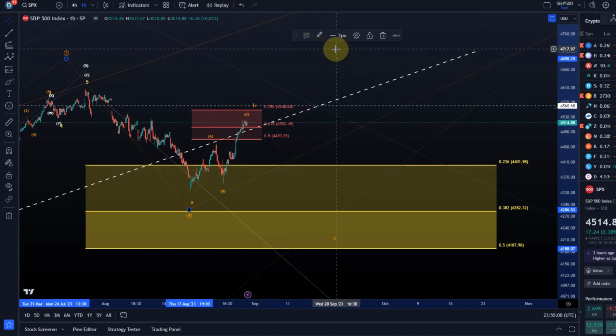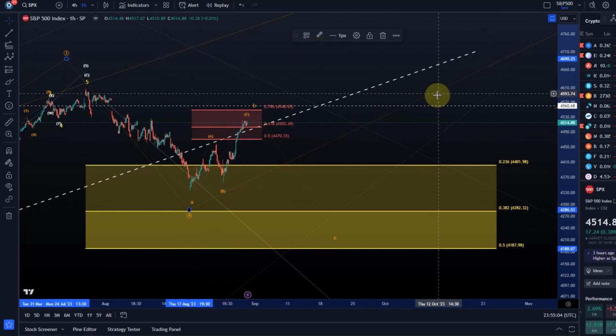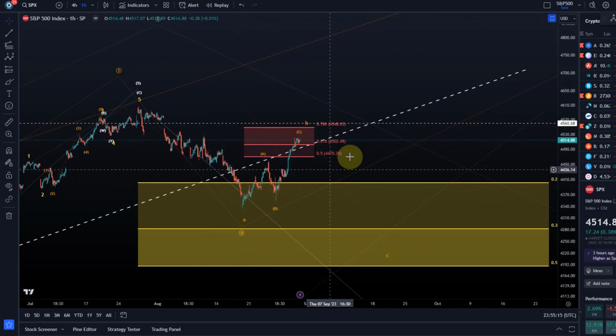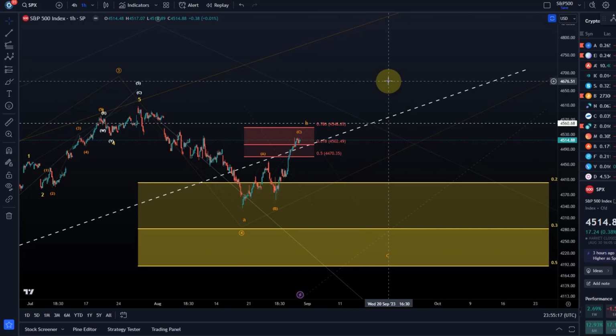Eventually, if this really is circle wave 5 already on the way higher, it should take us to roughly $5,500. So if the Friday, 25th of August low is holding, we should be on track for roughly $5,500. But obviously now we need to pay attention to resistance.